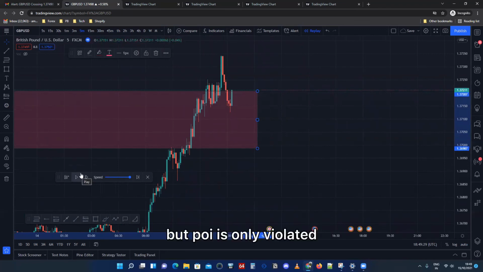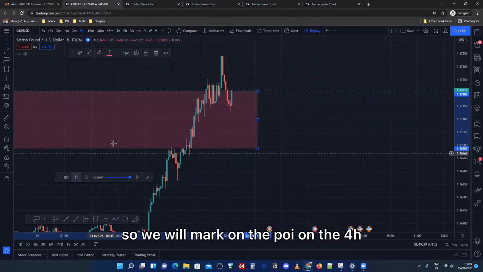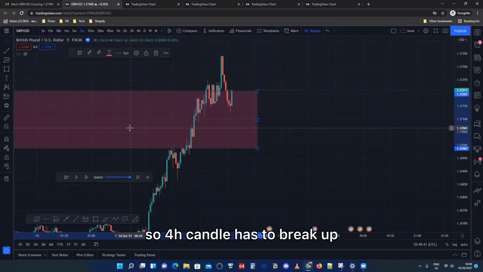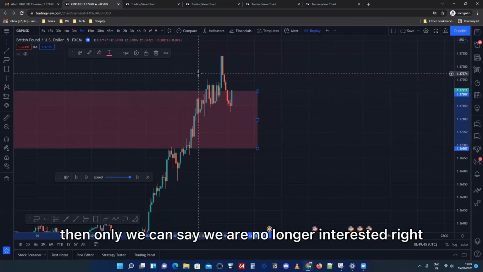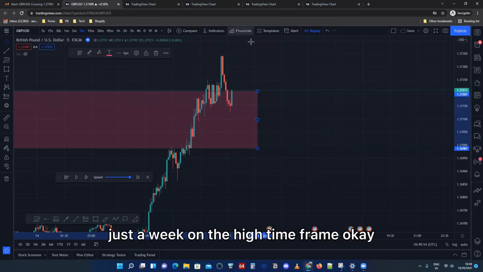But a POI is only violated if we break that structure on the time frame where we marked that POI. We marked the POI on the 4 hour, so a 4 hour candle has to break and close above this, and only then can we say we are no longer interested. Other than that, on the lower time frame it's just a wick on the higher time frame.